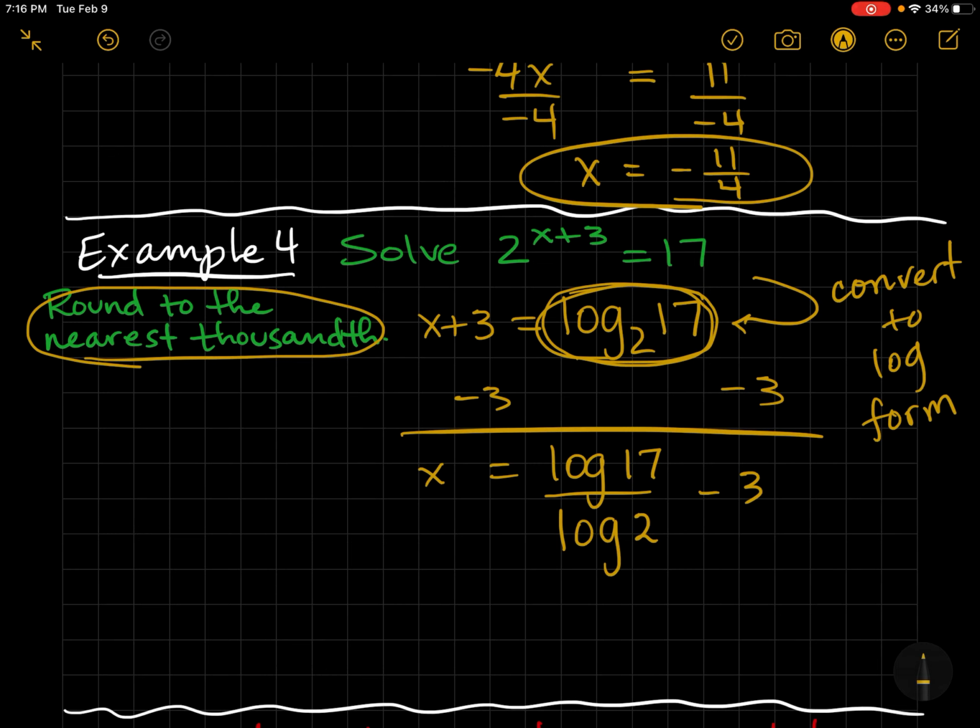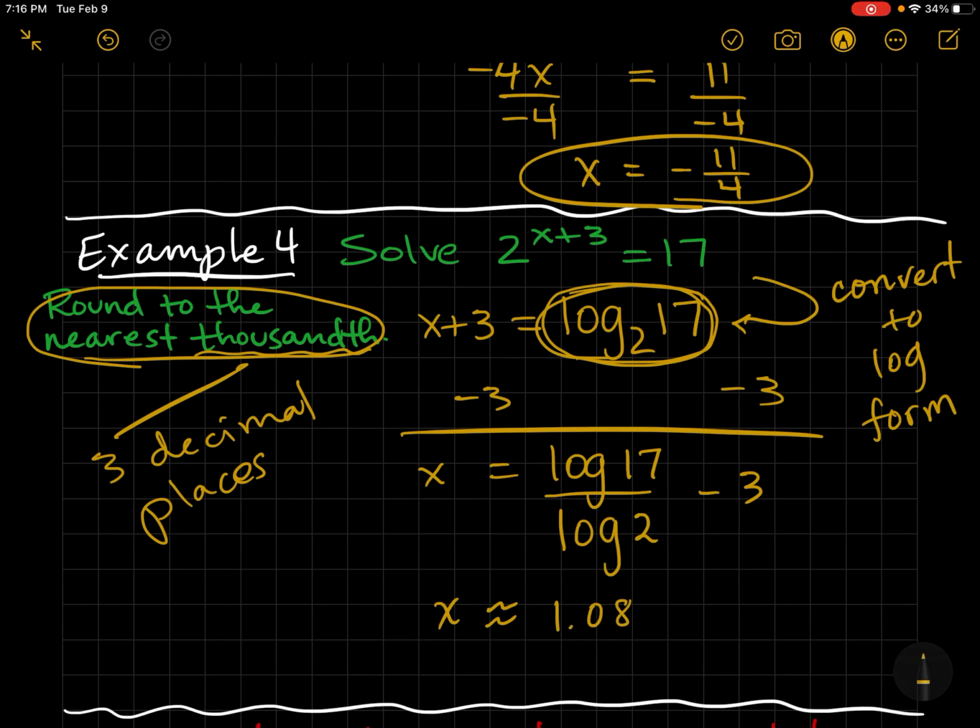If you punch that in, you get x is approximately, and it says nearest thousandth, so that's 3 decimal places. And so we get approximately 1.087. Make sure you lock that part together and then subtract the 3.